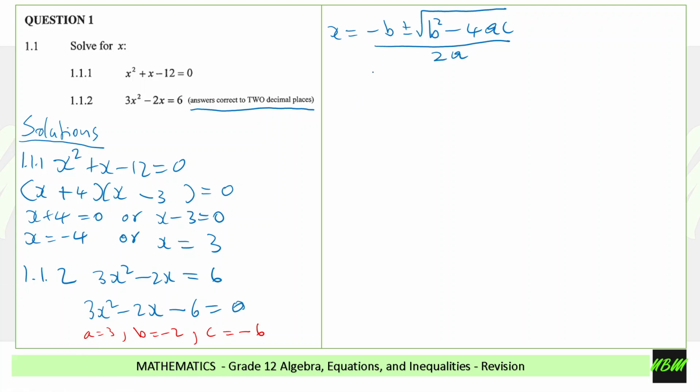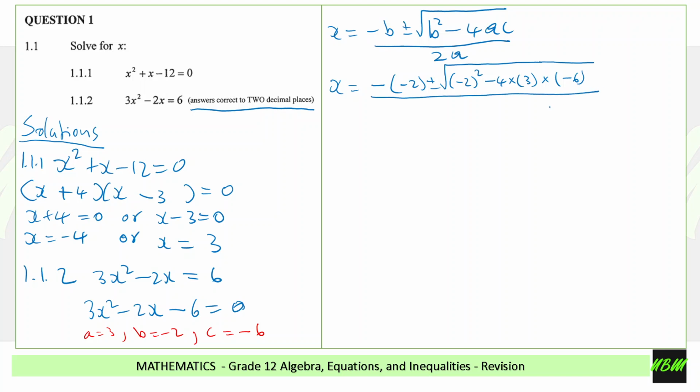Then we substitute those values in our equation. x will be equal to minus b, negative 2, plus or minus the square root of b, negative 2 all squared, minus 4 times a is 3, multiplied by c is negative 6. And all this is divided by 2 multiplied by a. Our a is 3.